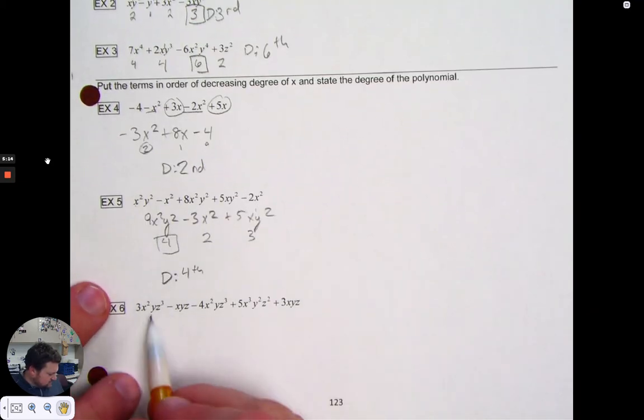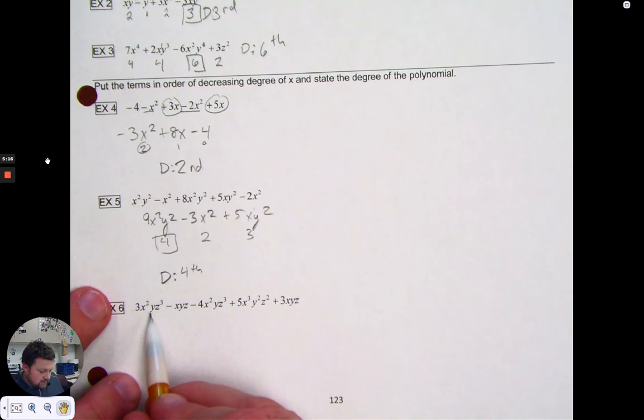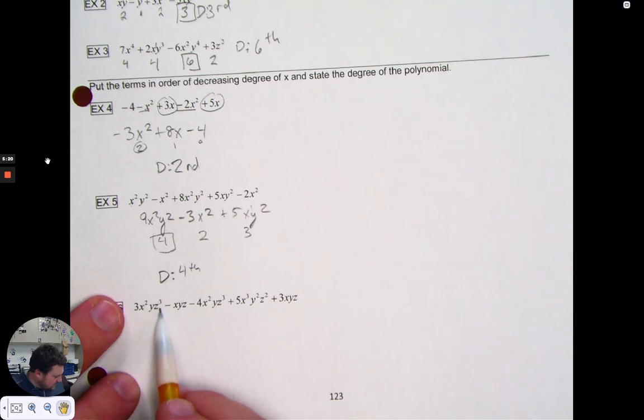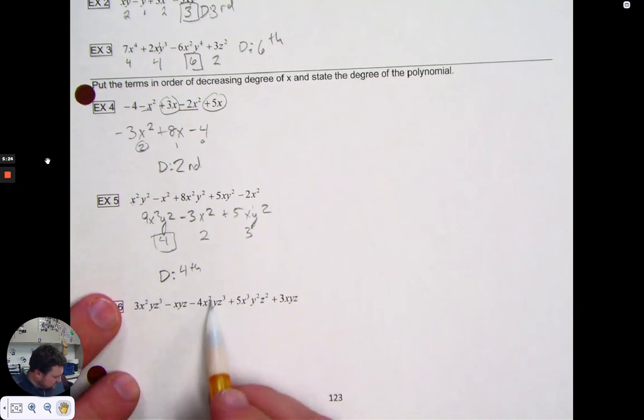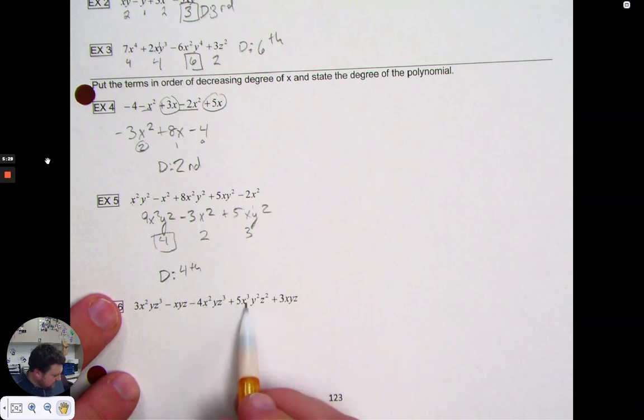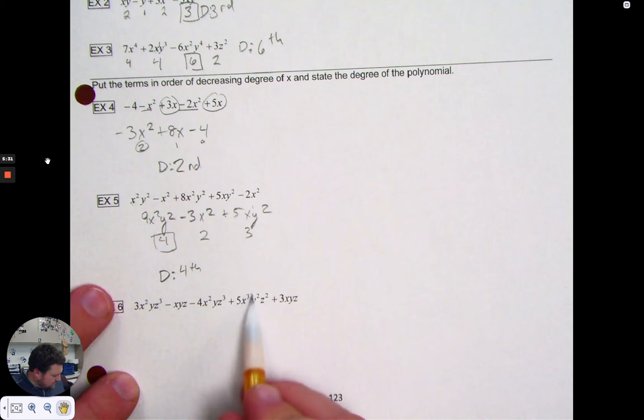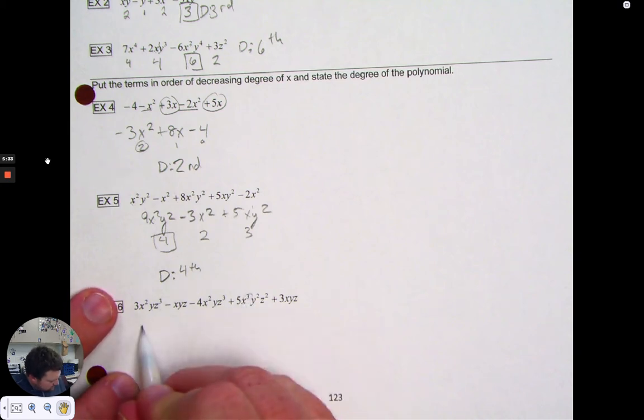Okay, for number 6, again, we're looking at, are there any like terms that we can combine? So we have an x squared y z to the third. We have an x squared y z to the third here. But we actually have an x to the third here, so that needs to come first, right? So in our highest degrees.